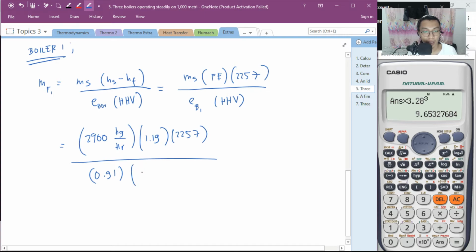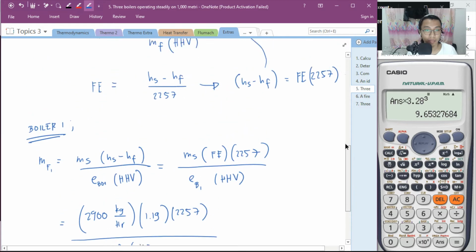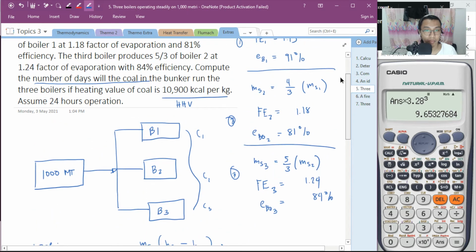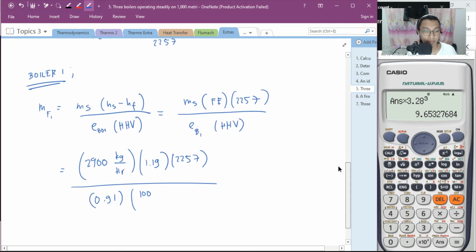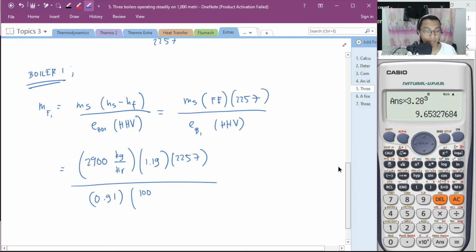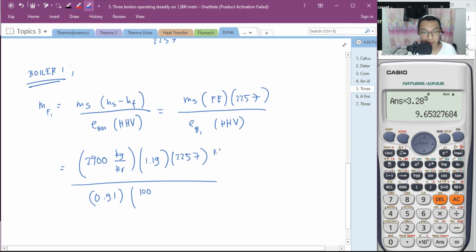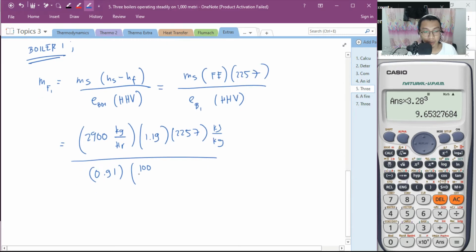Kailangan kilojoule yan. 10,900 kilocal per kilogram. Ito kasi 2257 kilojoule per kilogram 'to, eh. Okay. 10,900 ba 'yun?